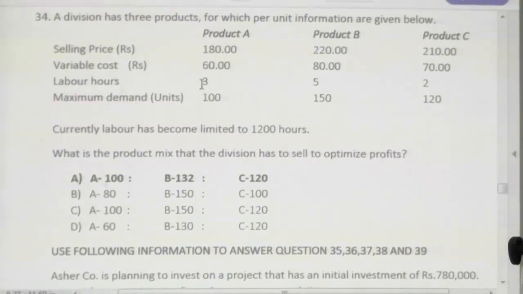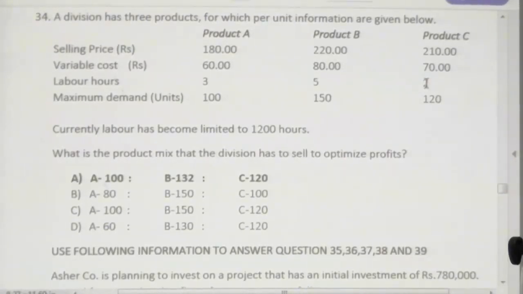You have been given the labor hours required for each product and the expected production and sales. Now if you consider 3 into 100, A requires 300 hours, 5 into 150, that is 750 hours required, 2 into 120, 240 hours required.